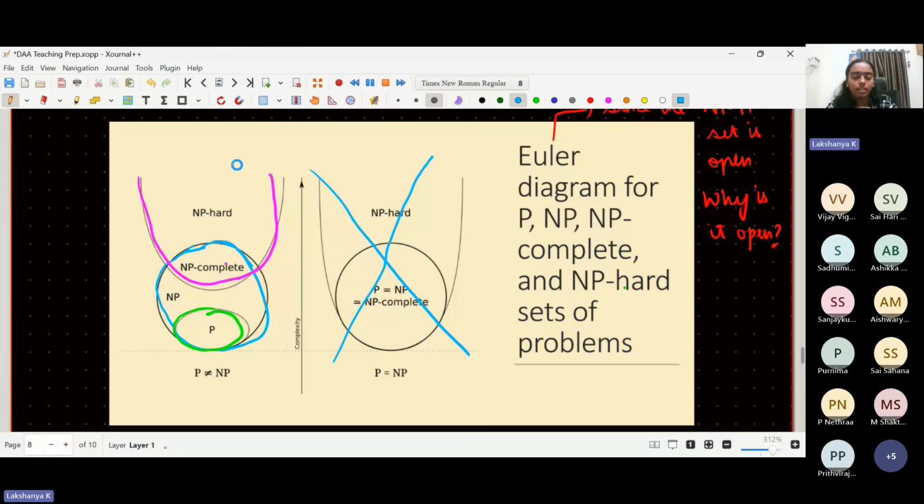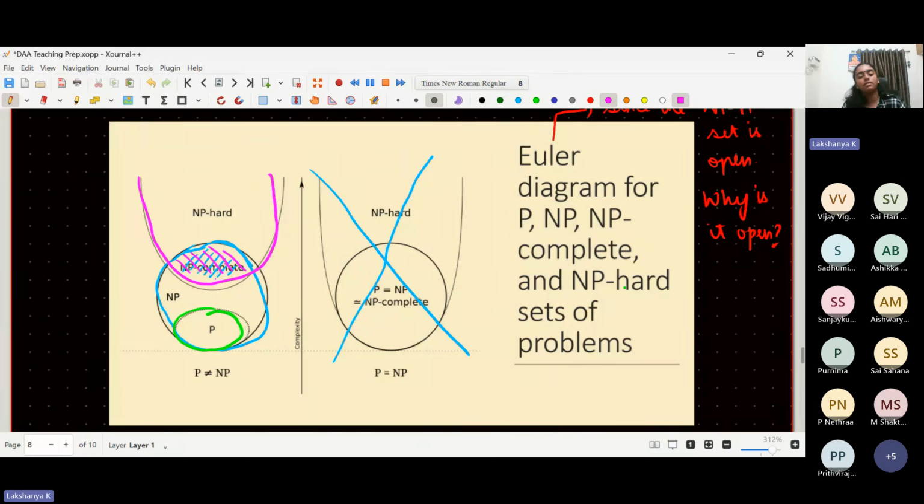It's quite literally like saying, this is the toughest exam. If I can cross this exam and do this well, then I can do any exam in the world or any exam in my course well. It's that kind of stuff. And NP complete is the intersection of your pink and blue. It is one of the hardest problems. So if you solve that, all the NP problems can be solved.